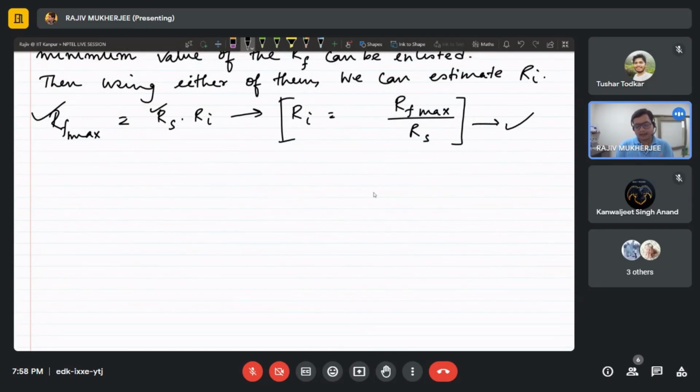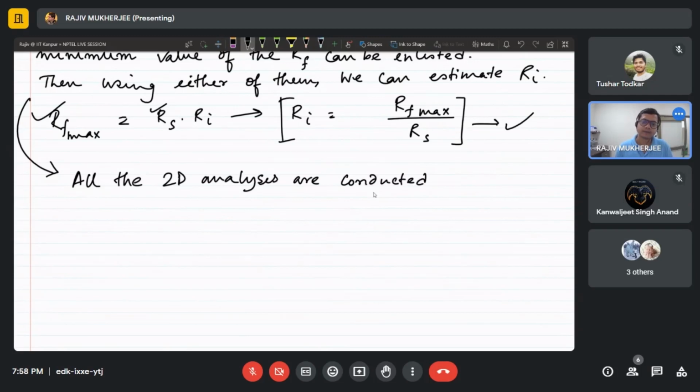Because all the 2D analyses are conducted over different planes, right? This is obvious because we are observing these features which are 2D or planar features. So of course it is lying along a plane. We are measuring the attitude of that plane, the dip and strike and whatsoever.